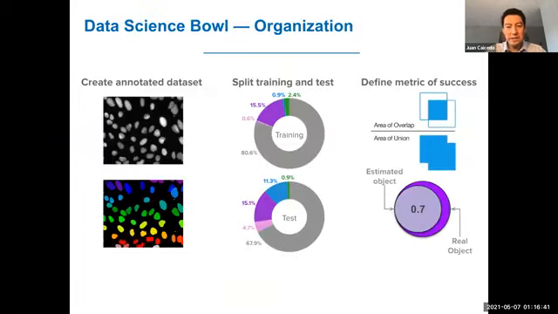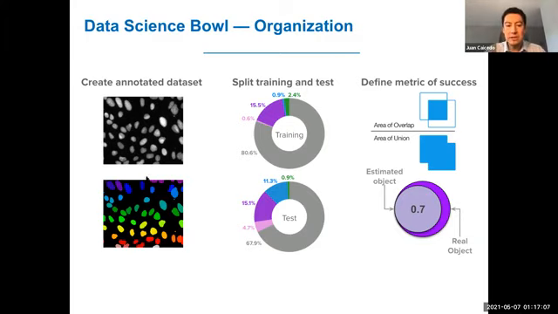And basically, behind the scenes, what we had to do in order to organize this competition involved 3 main steps. The first step is, of course, creating the annotated dataset because we were expecting the teams to participate with supervised machine learning models. So in doing so, we're going to need input-output examples.